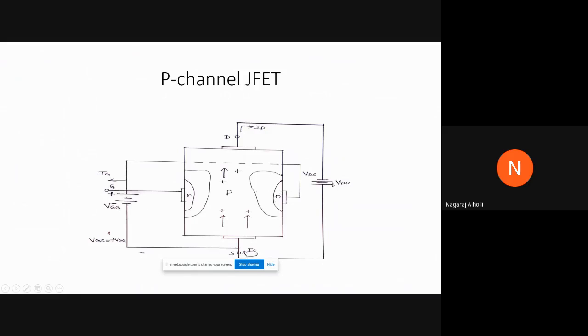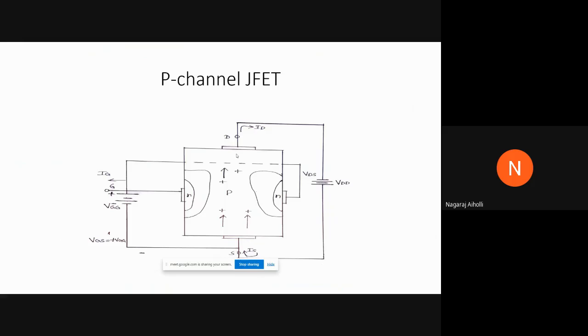So when we apply this voltage, that is the negative of VDS or negative of VDD, it attracts the minority carriers, that is, it attracts the holes of the P type here.